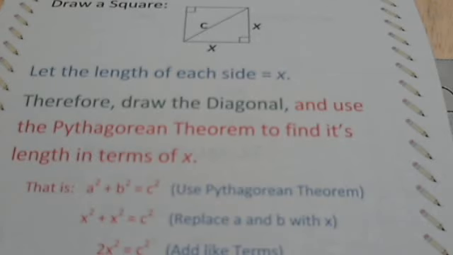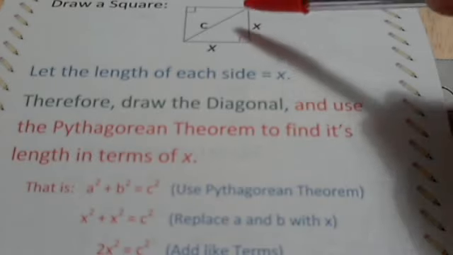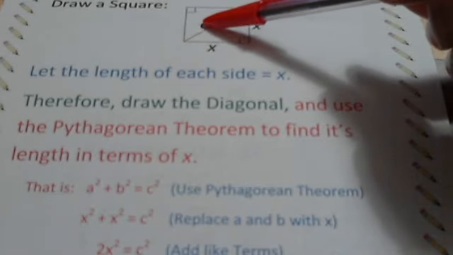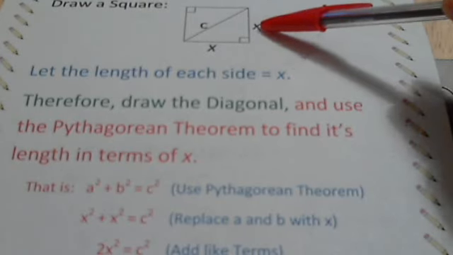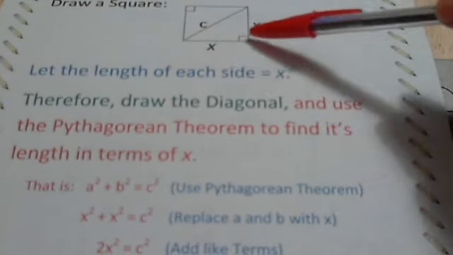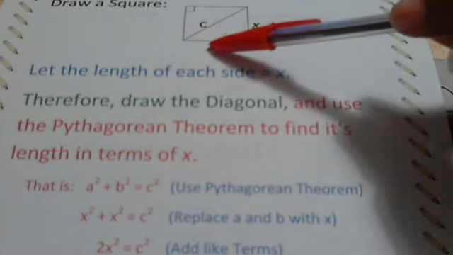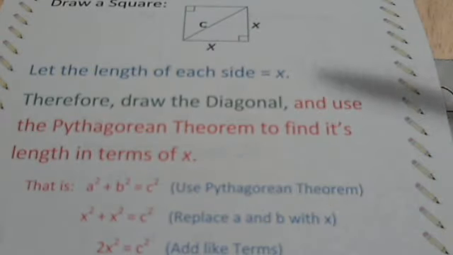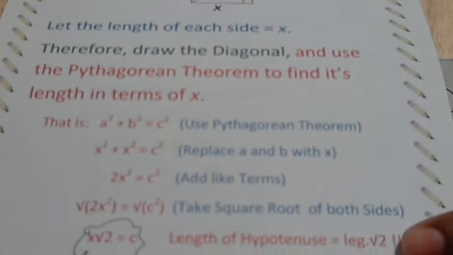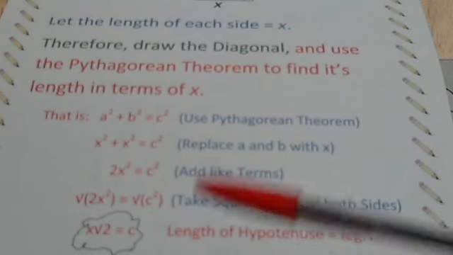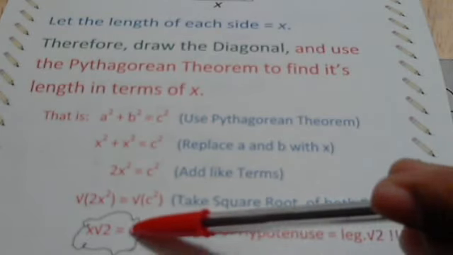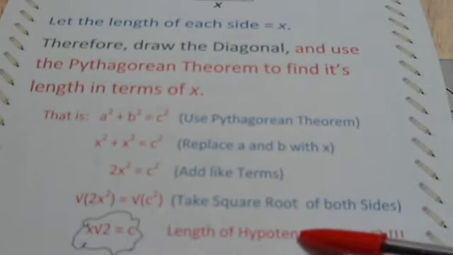So the length of the hypotenuse, c, is equal to the length of the leg times the square root of 2. You get it? C represents the hypotenuse.